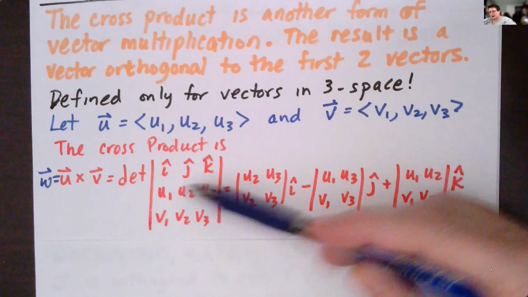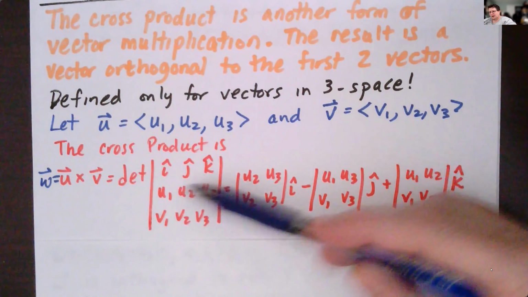Over here, I've been writing the unit vectors at the end because this produces a number. This is a vector. It makes more sense to me. Finally, we look at our third column, the k-hat. Our submatrix is u1, u2, v1, v2. So we could write out w as this.